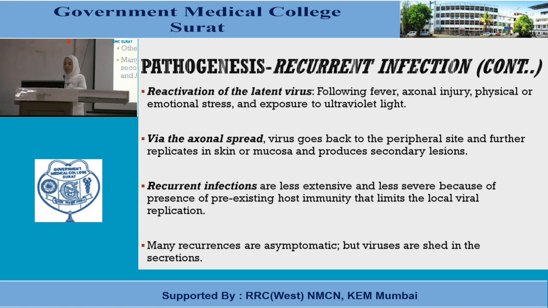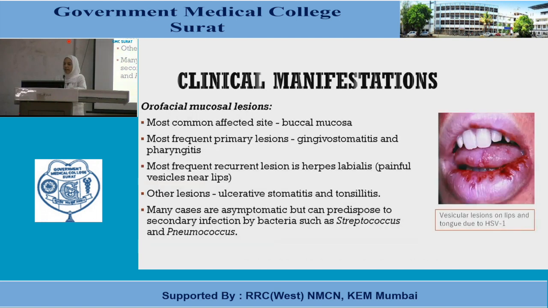You will see the vesicular lesions. Look at the photograph. The lesions on the inner side of the lips and on the tongue are due to herpes simplex 1. You can very well appreciate these types of papules or ulcers, right? The most common involvement is the buccal mucosa, with orofacial mucosal lesions, and primary lesions causing gingivitis and pharyngitis.